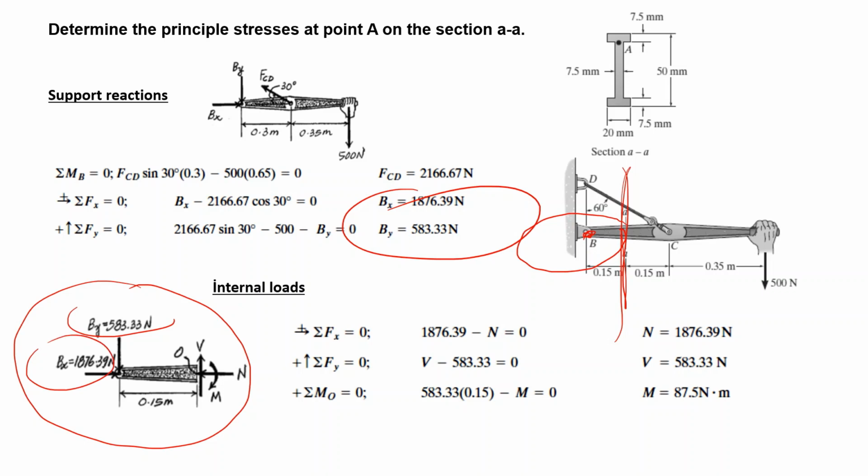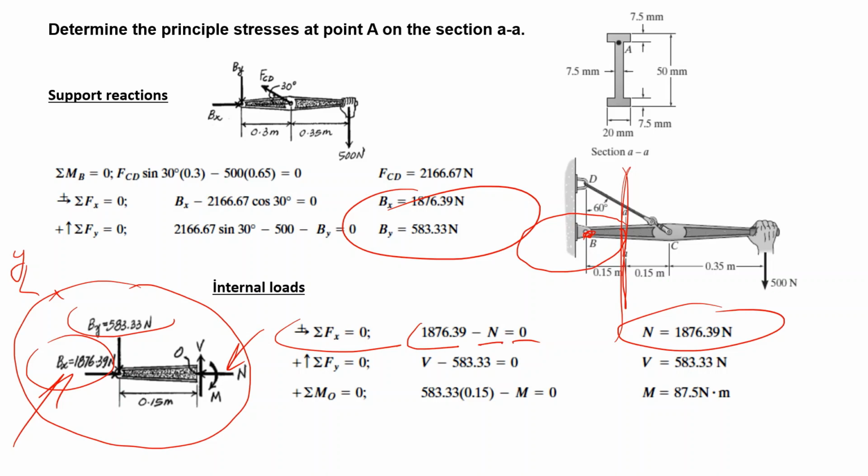I can draw them and write down my X and Y axes. In this case, sigma Fx: we have this force and this force. 1876 minus N equal to 0, so N can be determined.